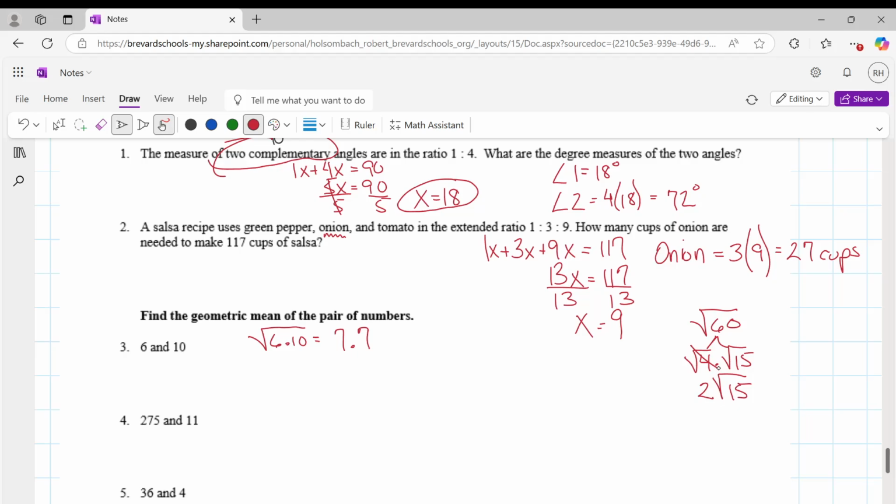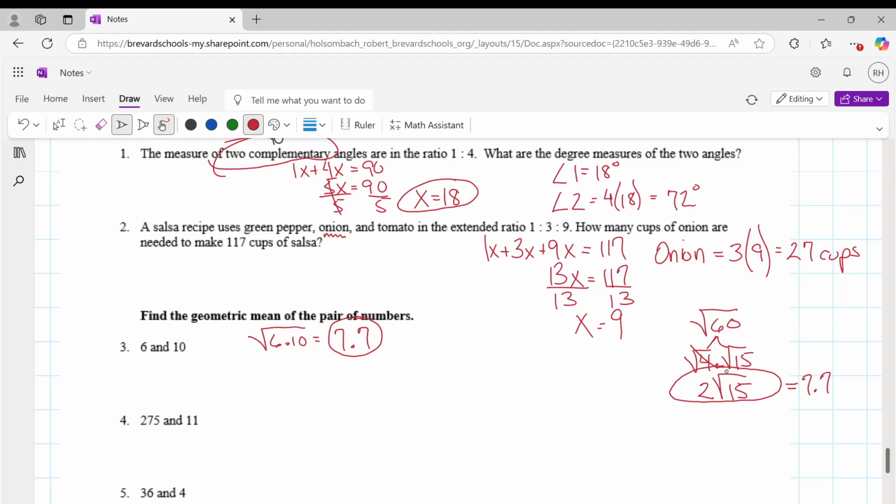So look, if your multiple choice answers are in this format, but you get 7.7 as an answer, we'll just take the radical form of your answers and multiply them. You can type into your calculator 2 times the square root of 15, and that's equal to 7.7 as well.